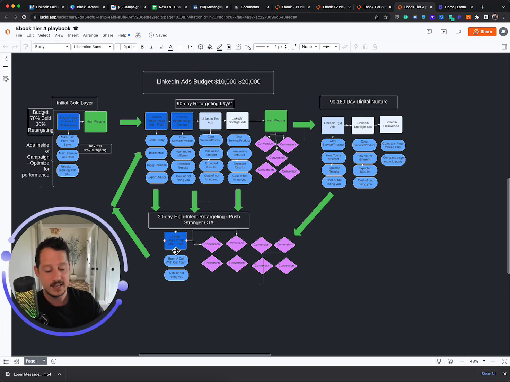After 30 days, if they haven't converted, they're still in the 90-day. And after 90 days, if they haven't re-engaged with the website or interacted with those ads again, they get put back in the nurture. And if they still don't interact, then they age out. So this is a nice way of having different levels of intensity based on A, timeframes, and B, their interactions with our ads and our website.